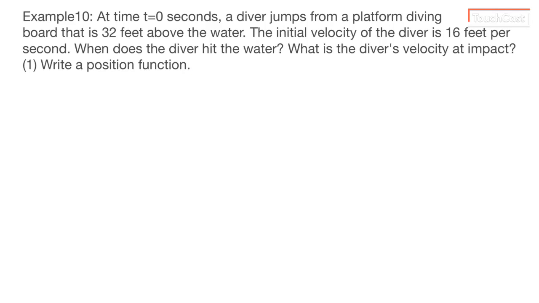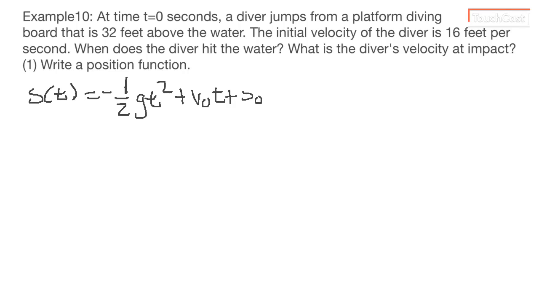Remember, that format was s of t is equal to negative 1/2 g t squared plus v0 t plus s0. Now, g, if we're talking about Earth, is always going to be 32.